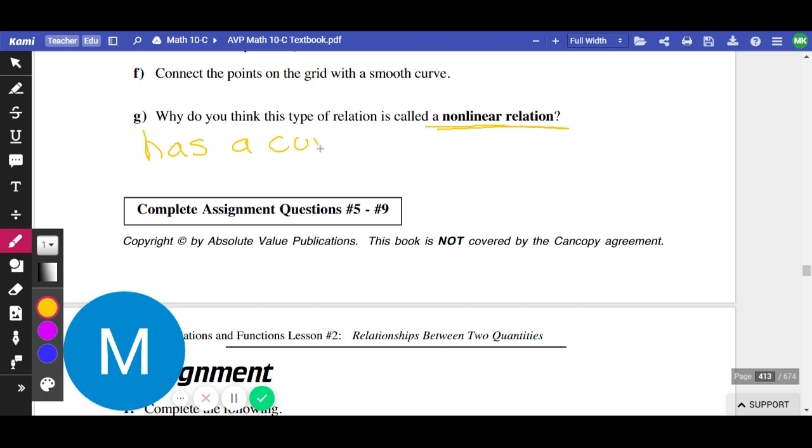Has an exponent other than 1. Right? If there's a square exponent, a cubed exponent, any exponent other than 1, it's not linear. Fantastic.